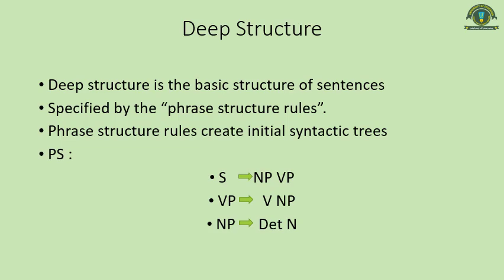So, in order to make a sentence, we need a noun phrase and a verb phrase, NP and VP. And in order to get a VP, we need a verb and a noun phrase, NP. And in order to make an NP, we need a determiner and a noun. So these are the phrase structure rules.